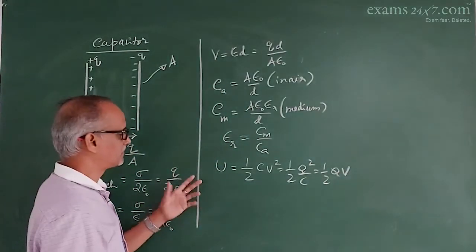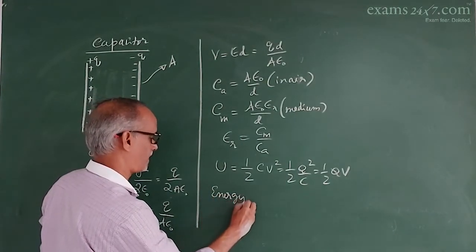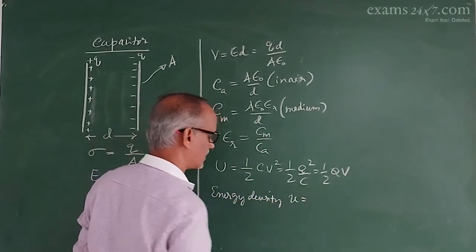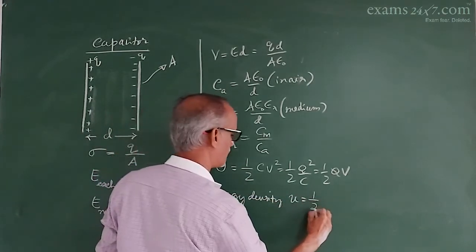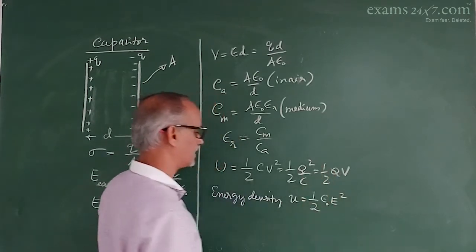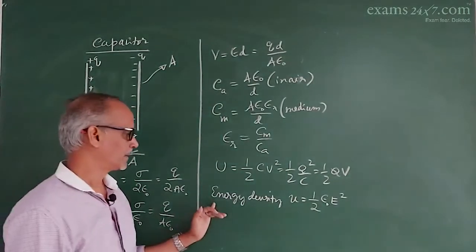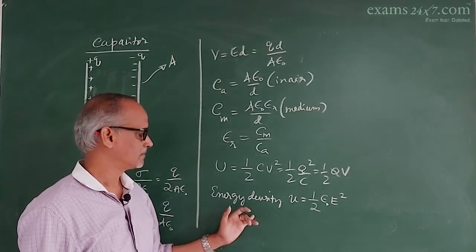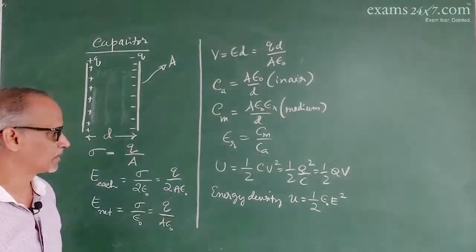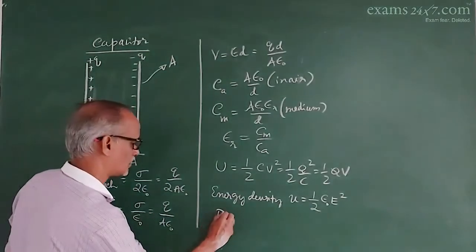We can find energy per unit volume, which is called energy density. So energy density U is equal to half epsilon naught E square. That's the energy per unit volume. Now energy density is equivalent to pressure.